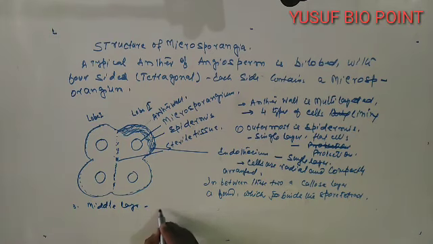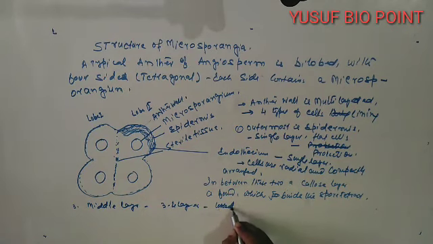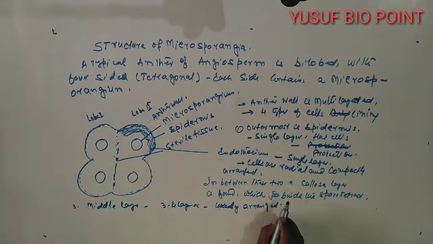Middle layer, that is 3 to 4 layers. They are loosely arranged, made of parenchymatous cells.